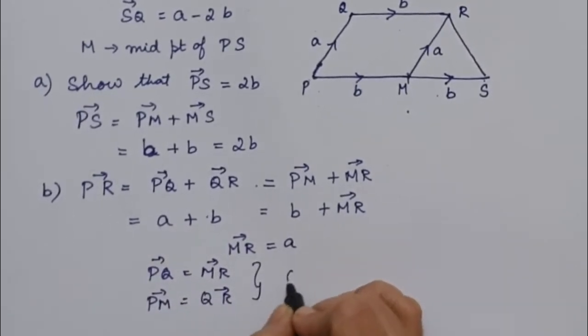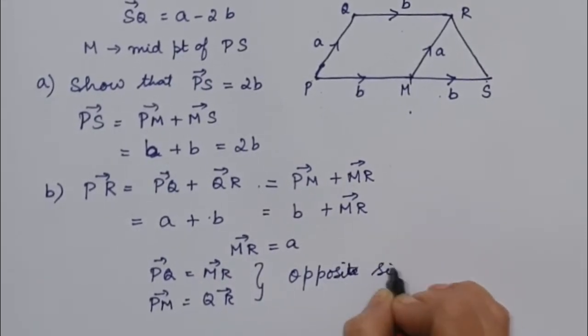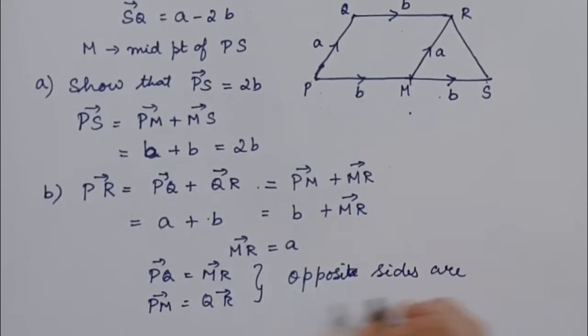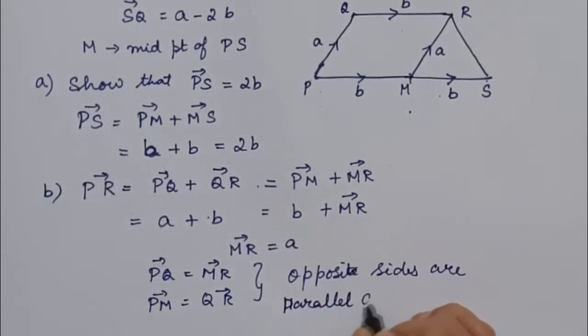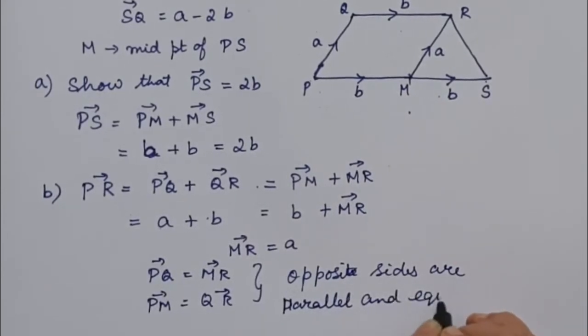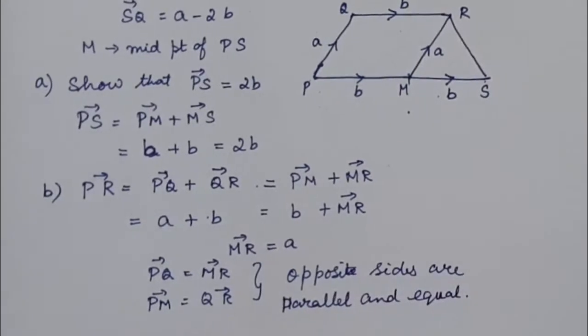That means the opposite sides are parallel and equal. So PQRM is a parallelogram.